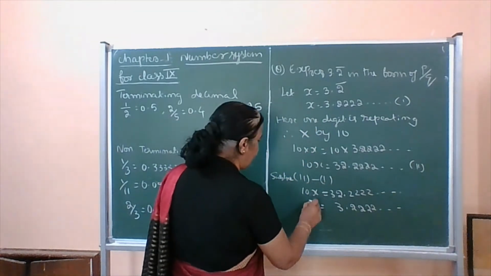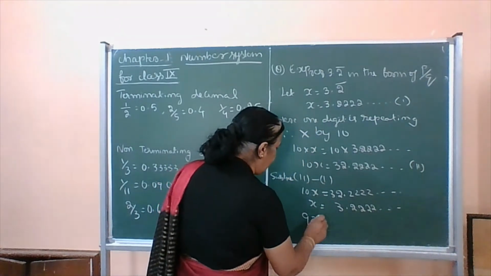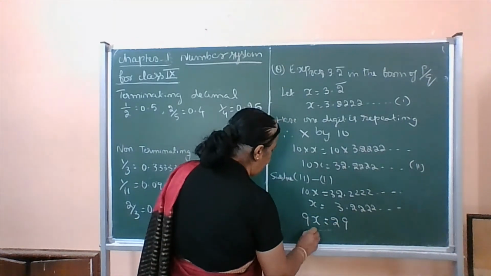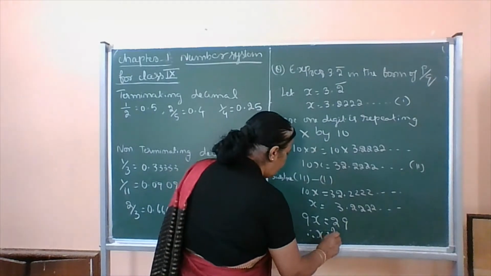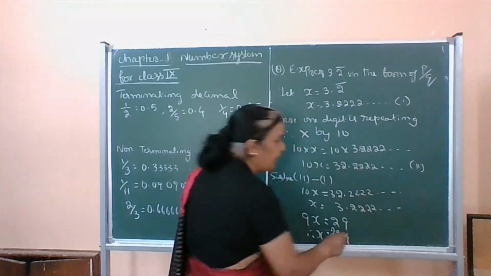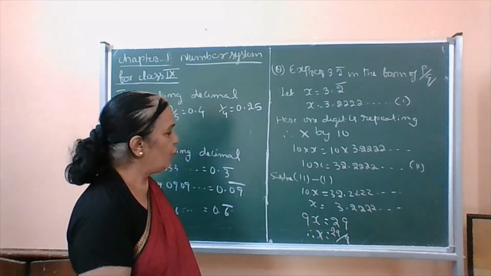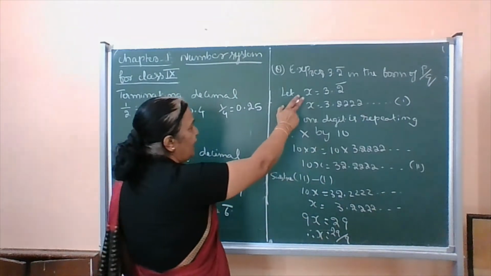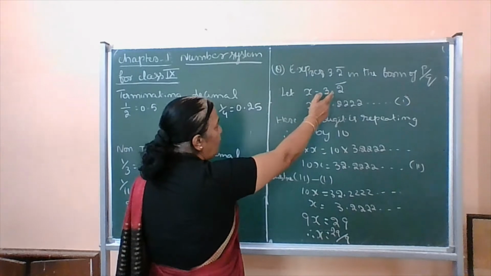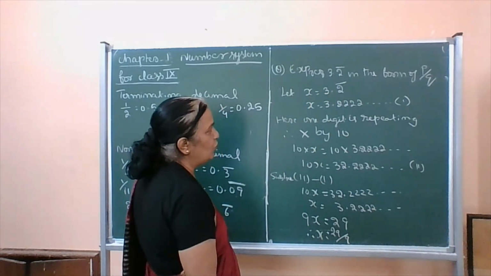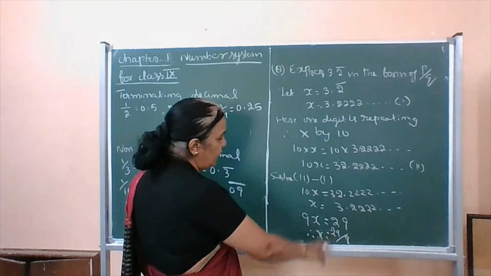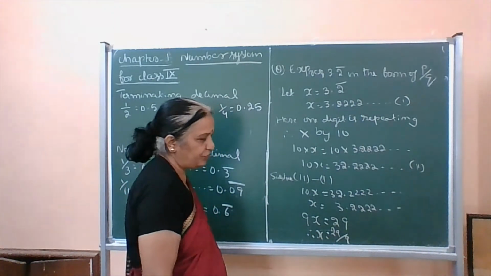Therefore, 10x minus x is equal to 9x. 32 minus 3 is equal to 29. Therefore, x equal to 29 by 9. Here you have converted x, that is 3.22222, that is repeating decimal into a rational number.